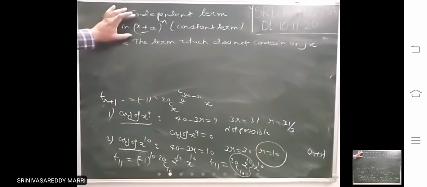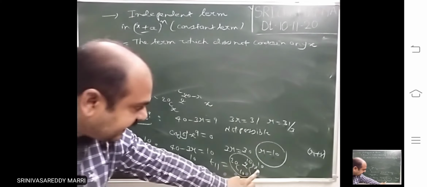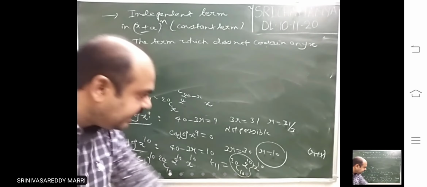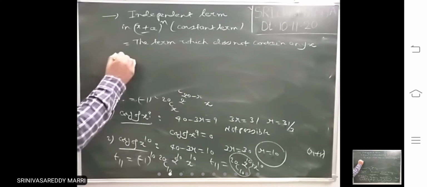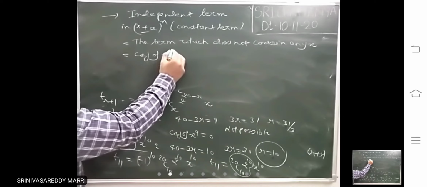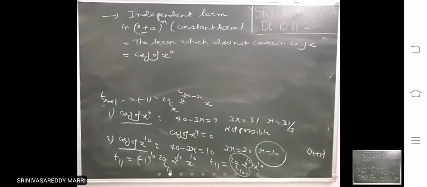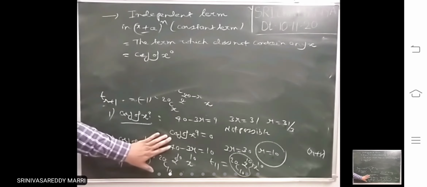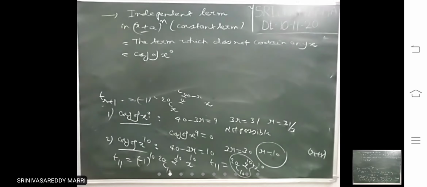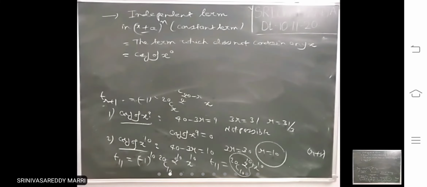That means only a constant will be there. Here an x term is there, so this is not an independent term. Here there will be no x, that means x power 0 will be there. This is the coefficient of x power 0. The independent term means the coefficient of x power 0. We equate this to 0. That is called the constant term.